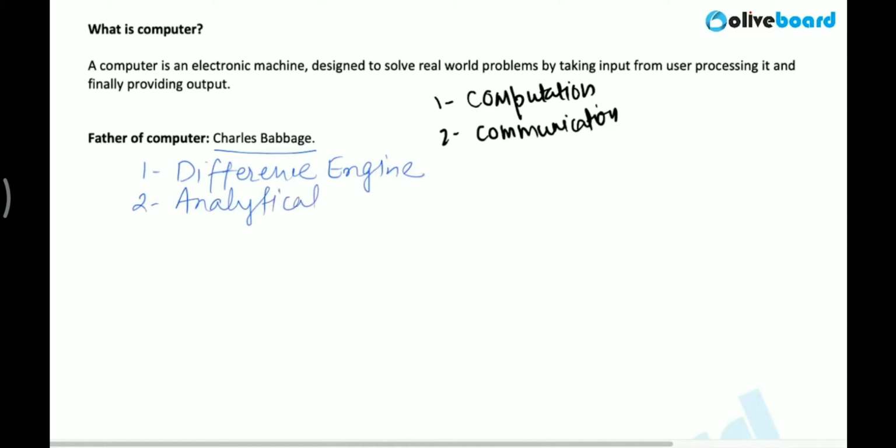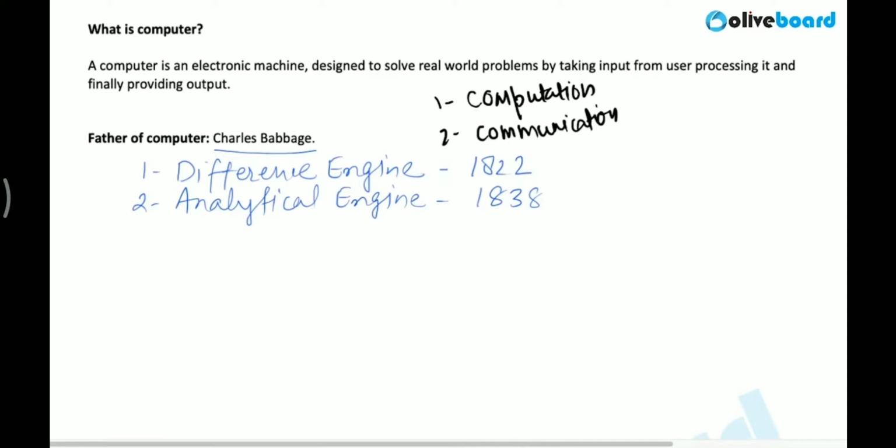Okay, this difference engine was actually invented around 1822, and this analytical engine was actually invented around 1838. Okay, why is this important? Because this analytical engine has actually laid the foundation stone for the development of the modern computer.